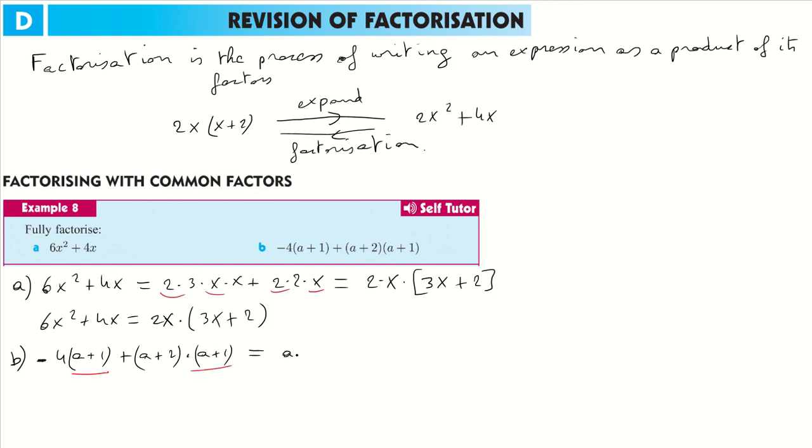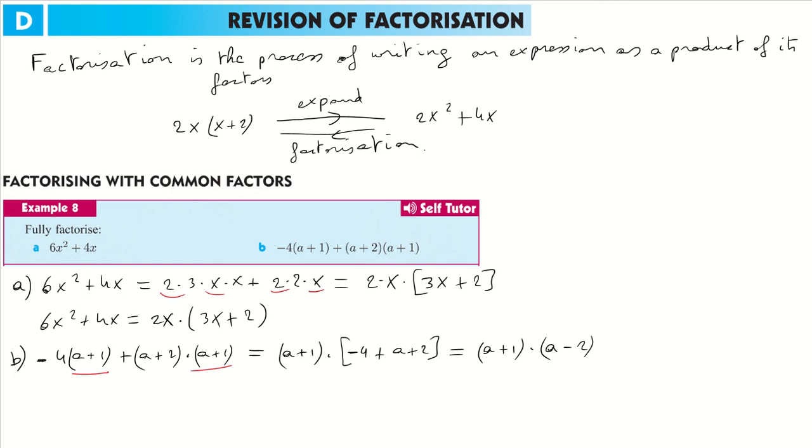So if we take the a plus 1 out, in the first term here, minus 4 is left. In the second term here, a plus 2 is left. That gives us a plus 1 times, and then I have a minus 4 plus 2, which gives me minus 2, so a minus 2.